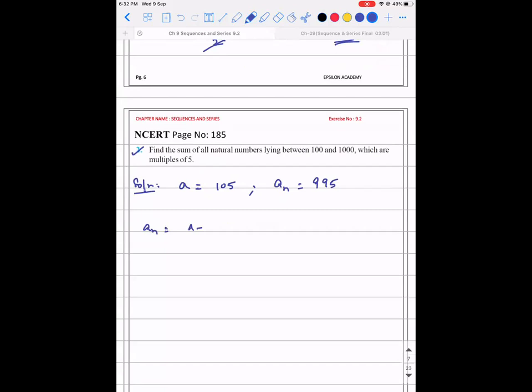So how many terms are there? an is equal to a plus n minus 1 into d, and the common difference here is 5. So a is 105 plus n minus 1, n is what we need to find, into d, which is 5. an is 995.